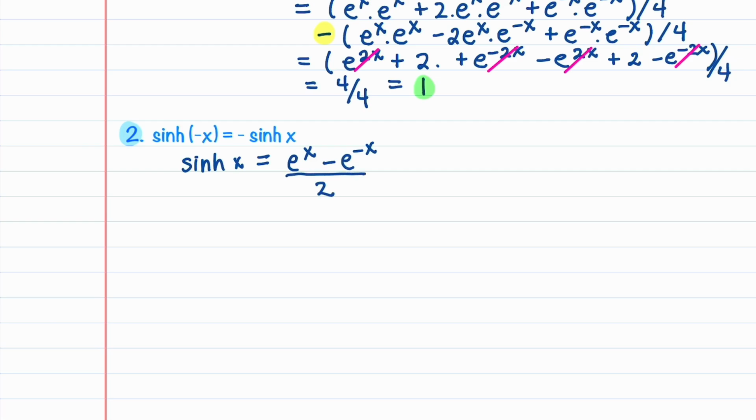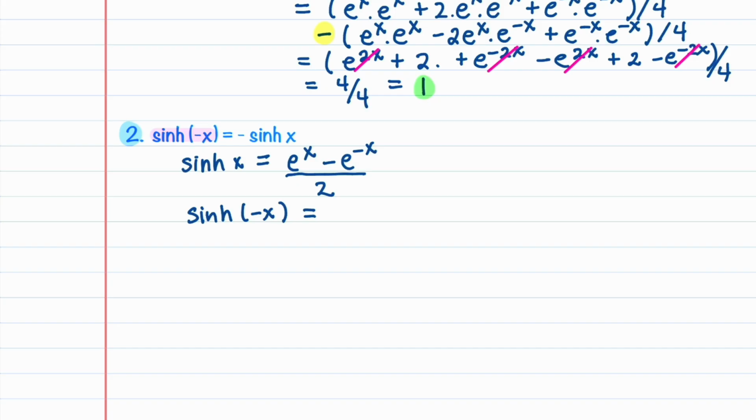Whenever you're doing proofs, you always want to start with the more complicated side. In this proof, the more complicated side is sech of minus x. So let's write down what sech of minus x is, and then we'll simplify it to be minus sech of x.